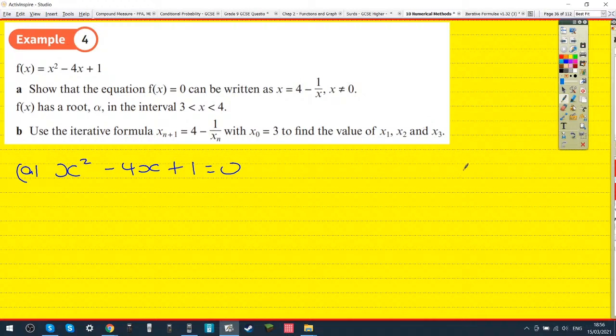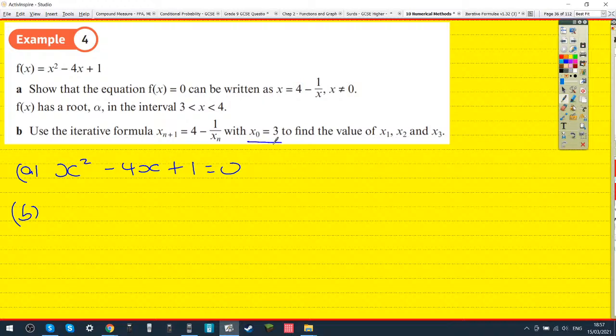Right. So how do we do B? Do I need to sub that equation into my calculator, get some roots, and then start subbing them into the iterative formula?